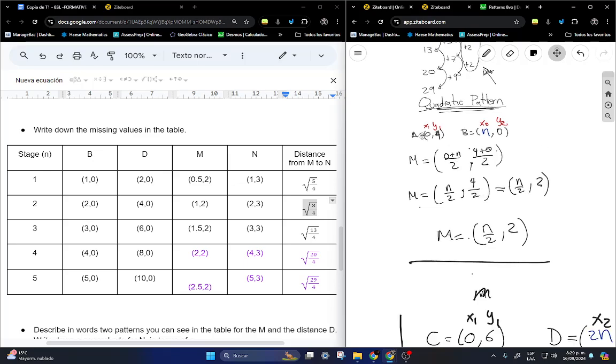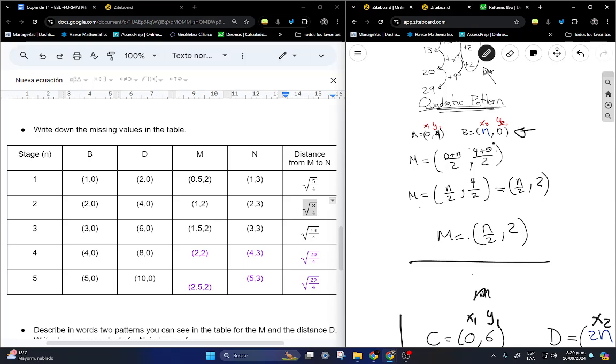So we said the coordinate A is this one, and the coordinate B is changing. Since the coordinate B, the x component of that, is changing in a linear way, which has this as a general rule, we can say that these are the coordinates of A and B. And using the midpoint formula, you can actually write that in your exam.